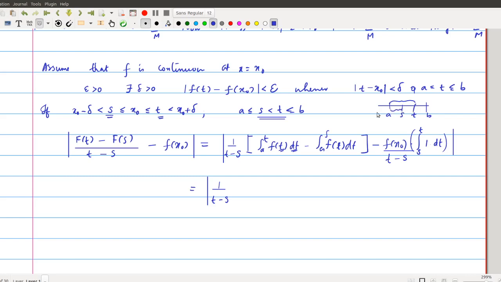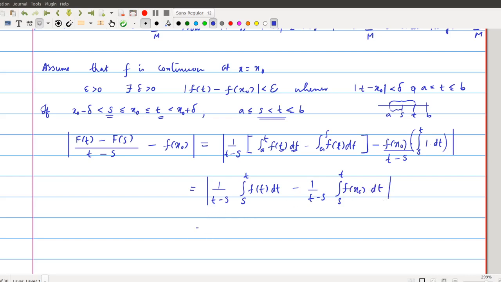Then the difference between these two integrals will be integral s to t. So we write it as a single integral s to t of f(t) dt, with 1 by t minus s. We will take this f of x naught inside this integral, so that will be integral s to t of f of x naught dt.